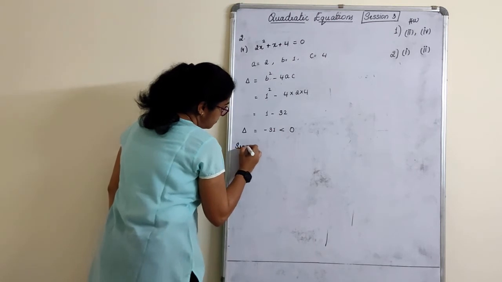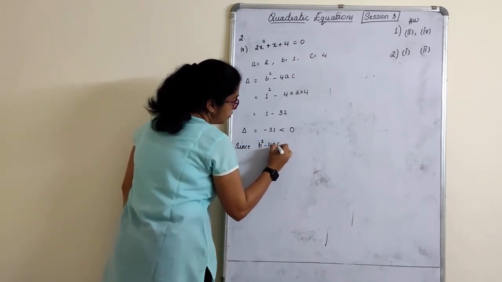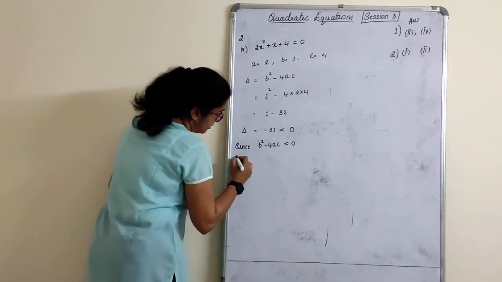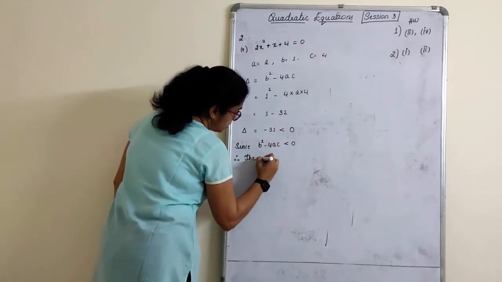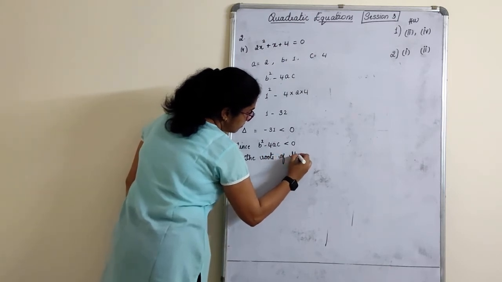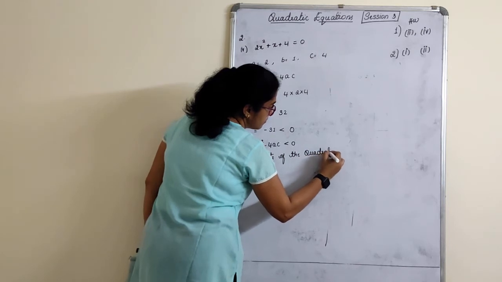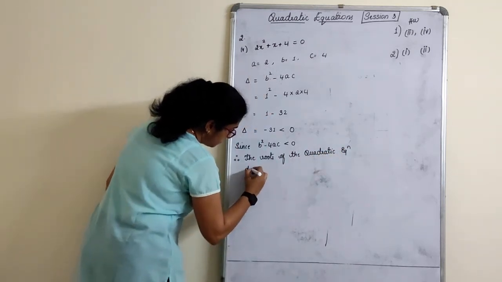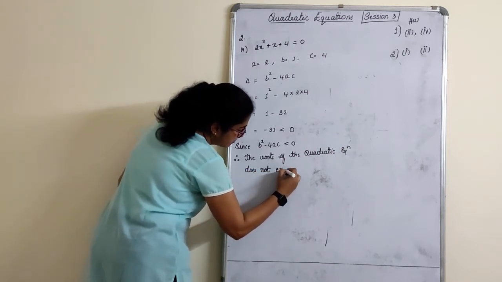Since b square minus 4ac is less than 0, therefore the solution, the roots of the quadratic equation, does not exist.